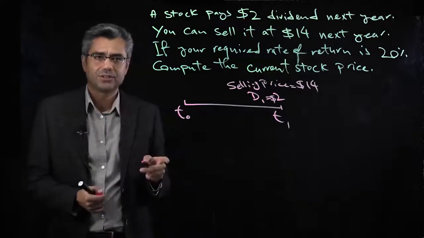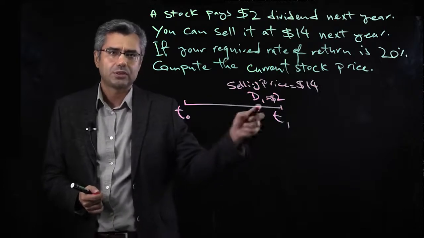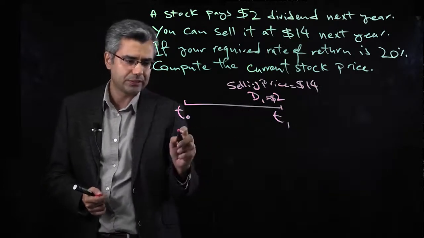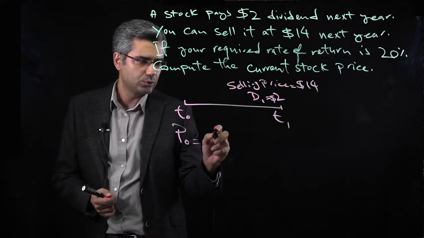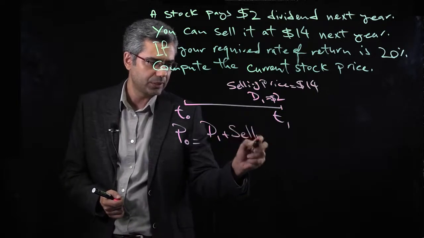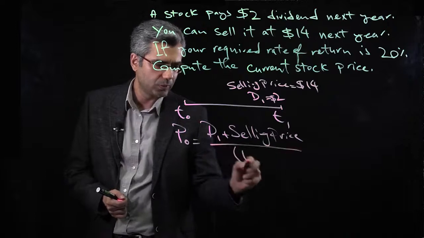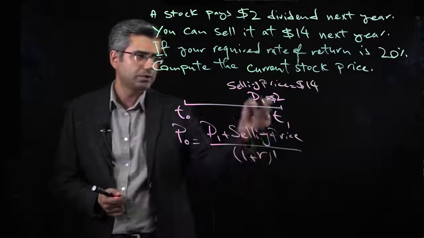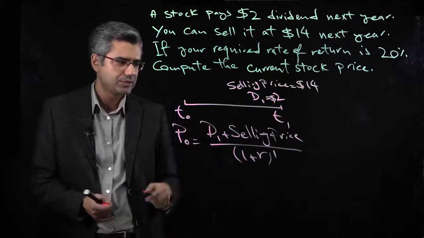This is the first model that I showed you. You just simply discount the cash flows to the present time and it's the price. So the price in this example is the dividend 1 plus the selling price, divided by 1 plus R, and the power is 1 because we want to discount it just for one period from T1 to T0.